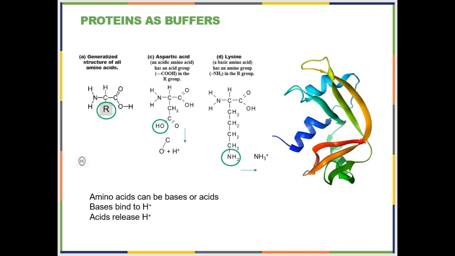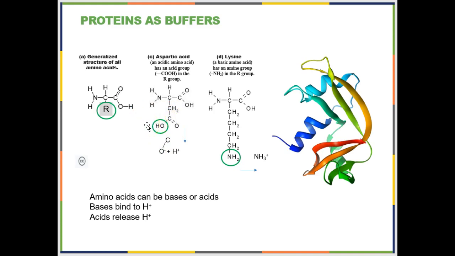So the way proteins can work as buffers is that every one of your proteins has a number of amino acid side chains, like you find on aspartic acid or lysine, that can act as either acids or bases. Aspartic acid, or aspartate, has this COOH group on it.